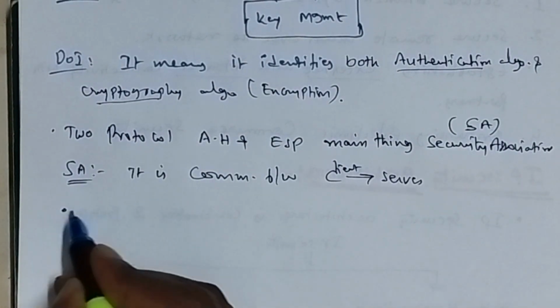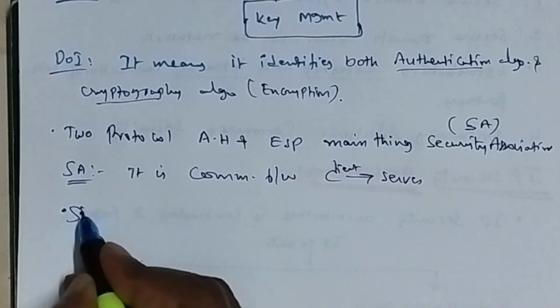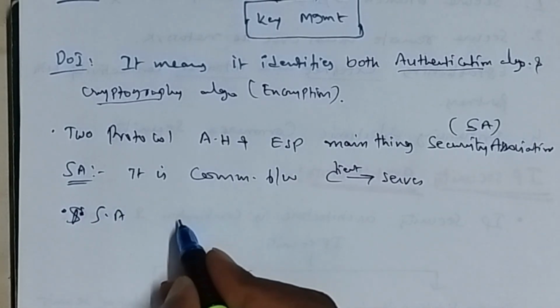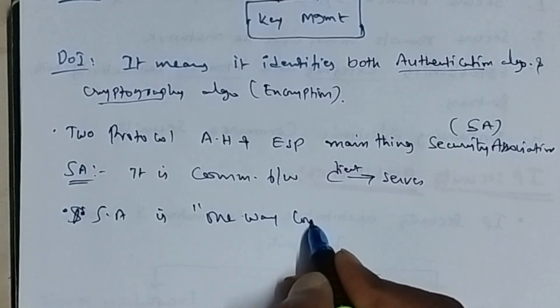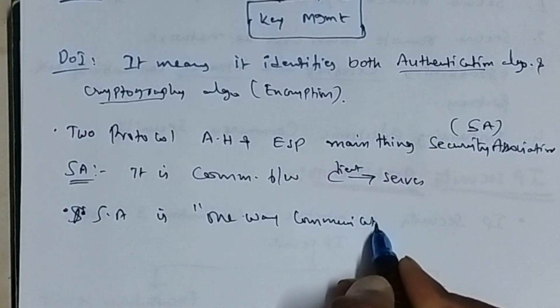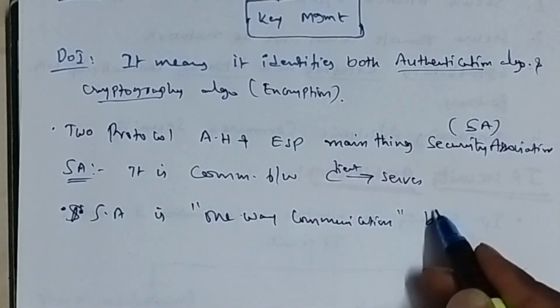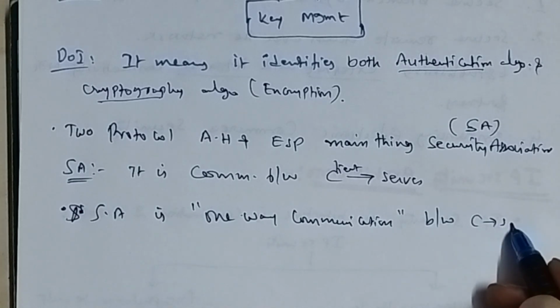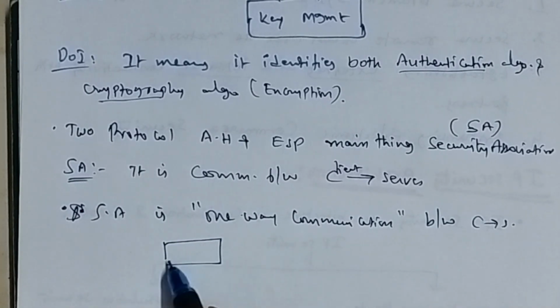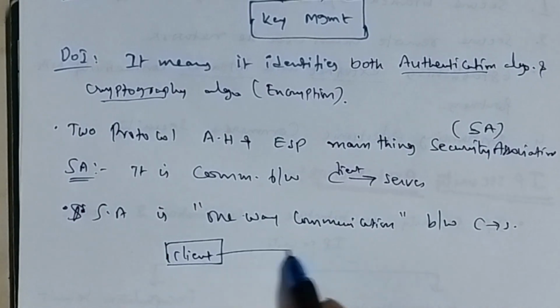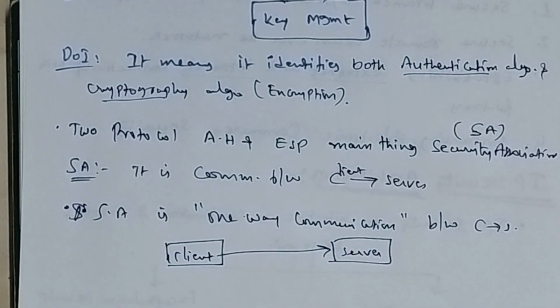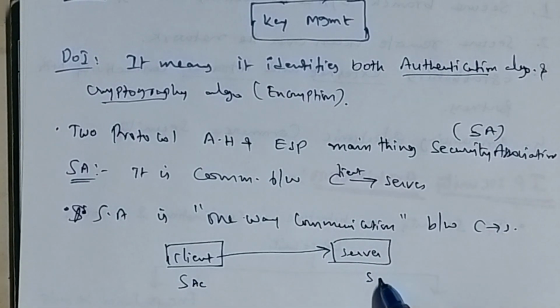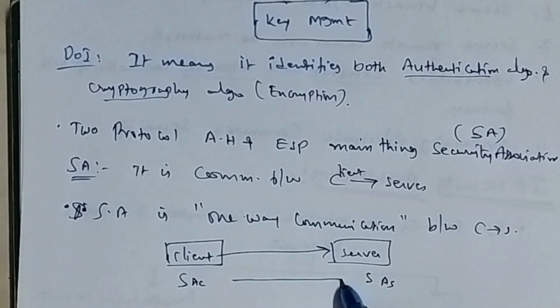Security association is one-way communication at a time between client and server. For example, the client sends a request to the server, and the server sends the replies. If replies are sent, it is done.